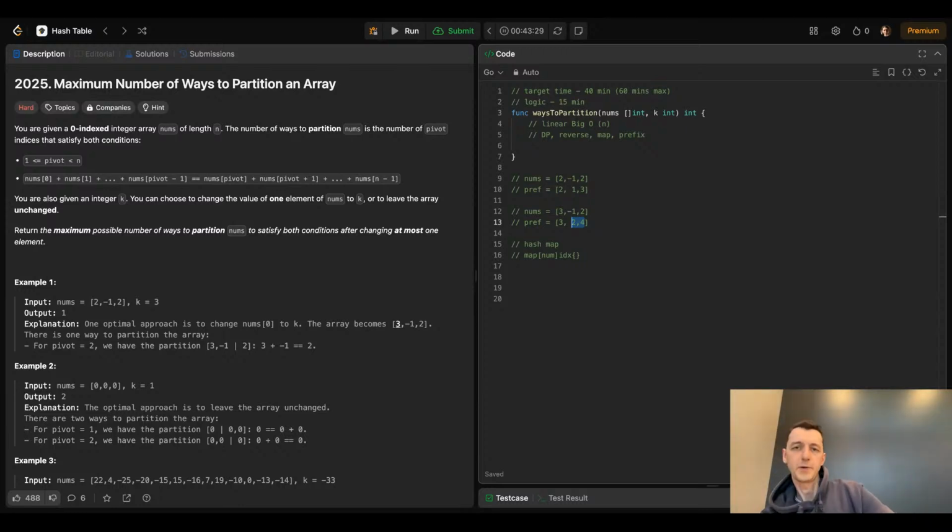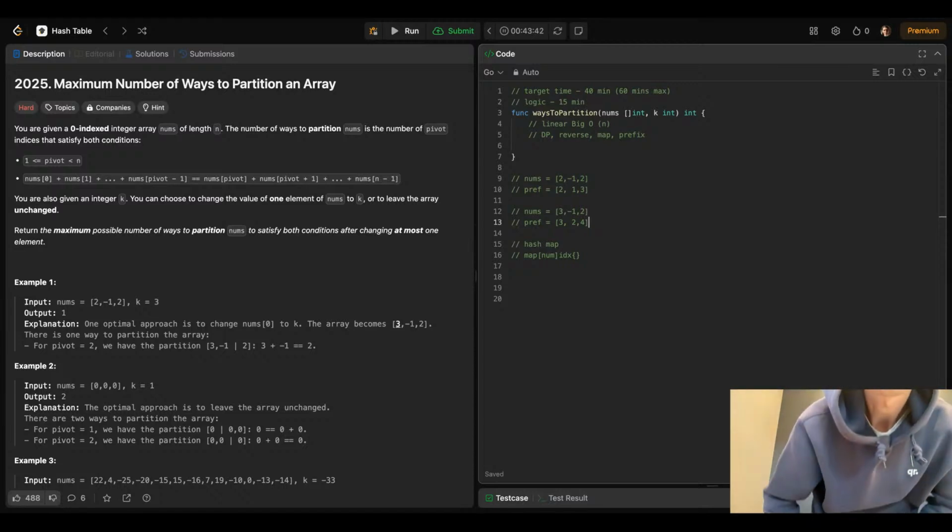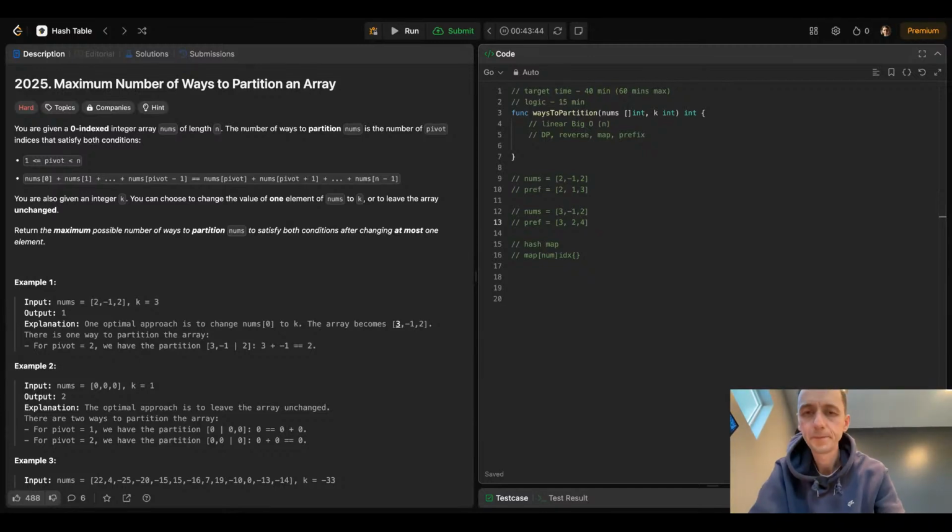Okay, there is a way to know that immediately, but it looks like it just changes the entire prefix sum by the difference between.